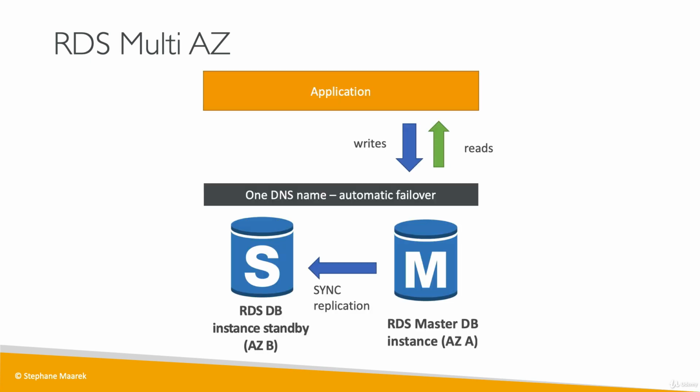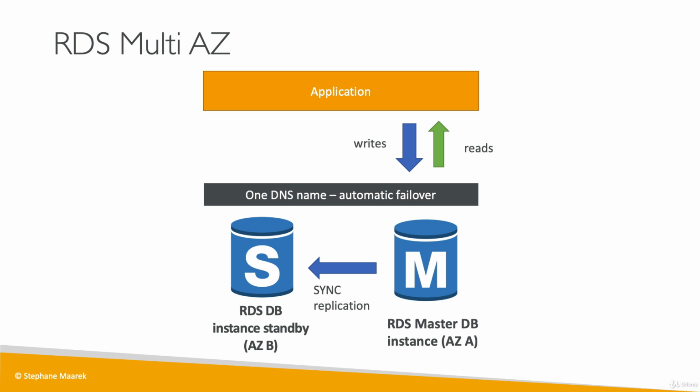So multi-AZ, we know exactly how that works already. Our application reads and writes to the master database, which lives in maybe AZ A. It turns out that this master database does synchronous replication to a standby database in another AZ. That's going to be a standby instance, and we cannot read or write from it at all. It is just there to do failover in case there's any problem with our master database.